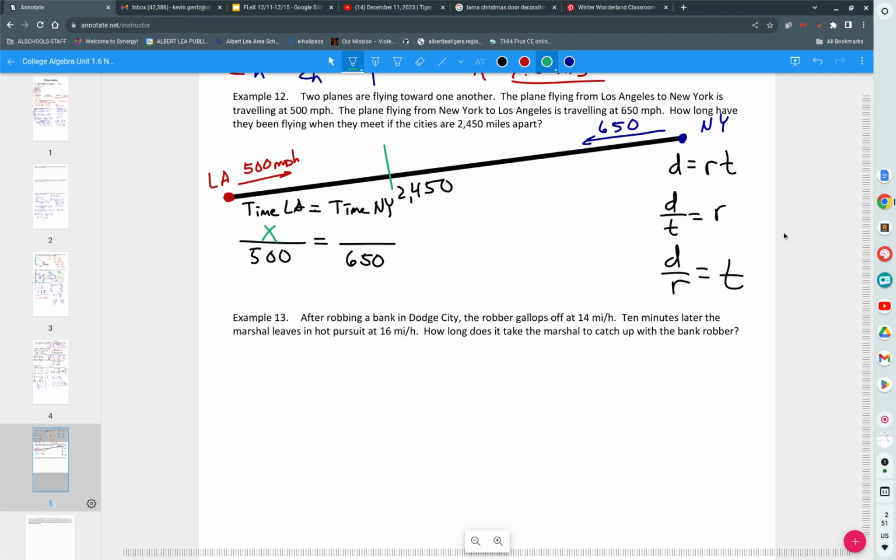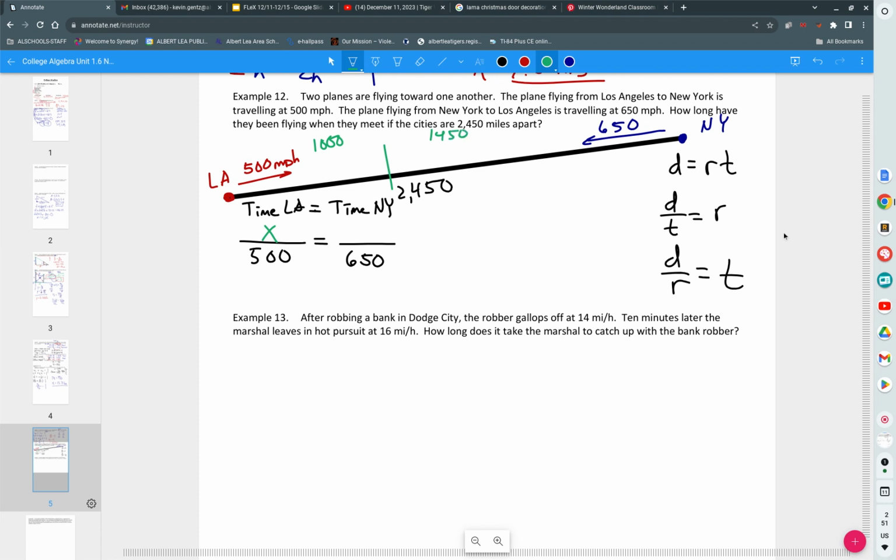Where'd you come up with 1.3? Or wait, no, I was thinking of something else. How about this, Ben? Since you were so bold to answer, which I appreciate, suppose that this plane traveled 1,000 miles before it reached that other plane. How far would that other plane have traveled? 1450. How'd you figure that out?